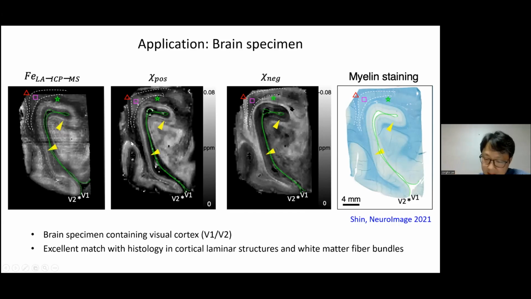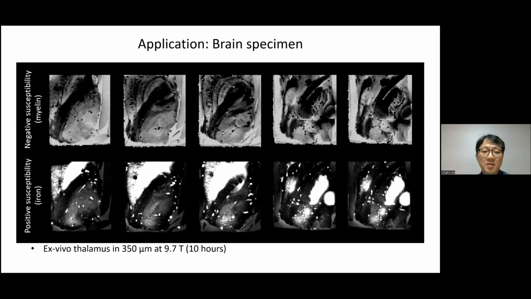So that tells us that the chi separation method gives you the anatomical information that you are looking for. We went on and began to look at different areas of the brain. This is the thalamus with the globus pallidus region, and the internal capsule is there.